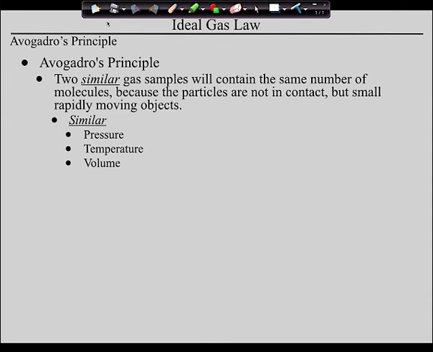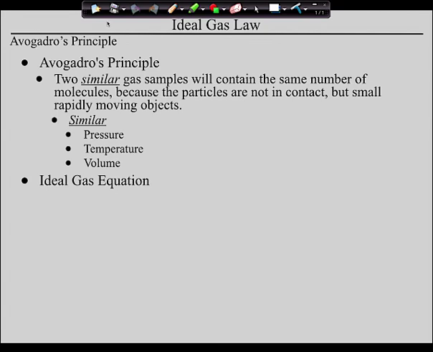You're good? All right. So guys, if you understand Avogadro's principle, we now need to talk about what is called the ideal gas equation. So guys, the ideal gas equation simply does this. You ready? Look at the variables. We have volume, we have temperature, we have pressure, and we have numbers of molecules.